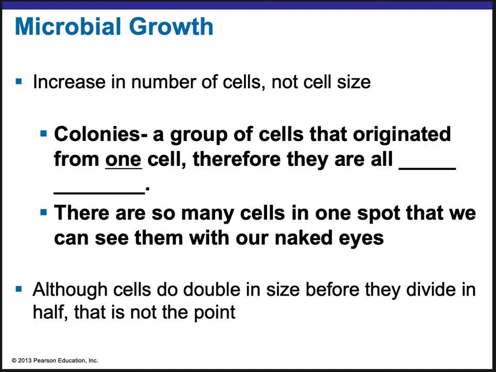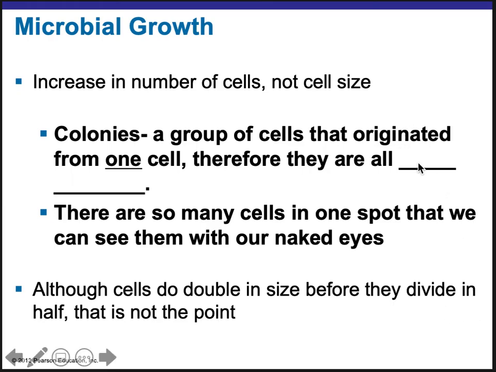A colony is specifically a group of cells, typically on agar, right? And so typically grown on agar plates, or on an agar slant in a test tube. And it's really important that you remember that they all originate from one cell. And so therefore, because it's one cell dividing and then the 2 cells dividing, they're all genetically identical.